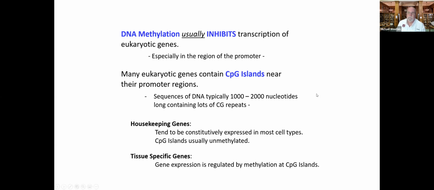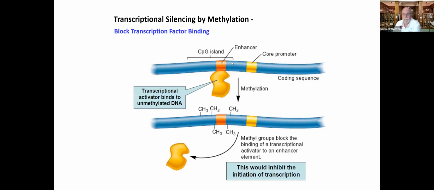The tissue-specific genes, things that are turned on in your hand but not turned on in your muscle or something in your brain, a neural cell that's turned on, these are very often regulated by these CG islands. So they're usually regulated by the methylation of those in combination with acetylation and methylation of the histone regions themselves. Okay, so this is just kind of a classic thing you see with transcriptional control.